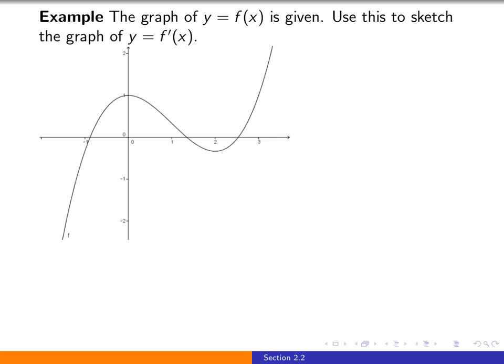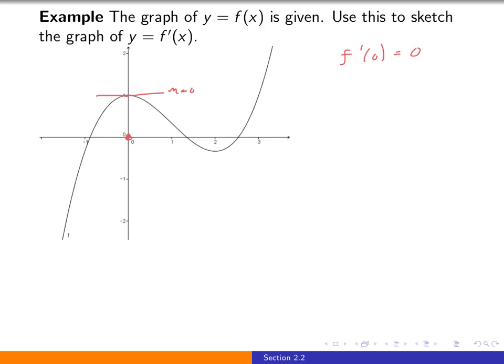Looking at the graph of our function, at 0, if we draw the tangent line there, it's going to be a line with slope 0. So f prime of 0 equals 0, and when we graph f prime, it's going to pass through the point (0, 0).